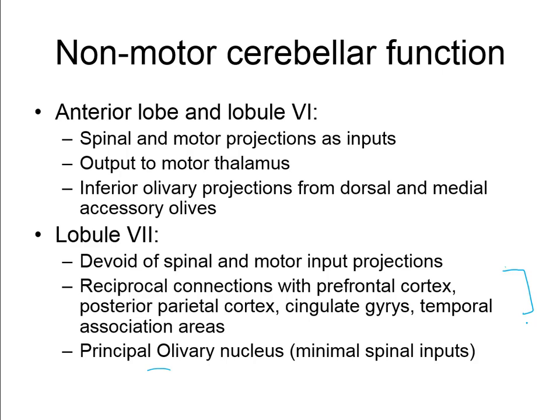So they are, again, parallel loops that give rise to different types of motor control. One is motor control the way we think about it. How do I move my hand? How do I move my foot? But the other is the sort of motor control about what's my decision. What is my output in terms of behavior? What is my output in terms of how I move around in space based on visuospatial information?